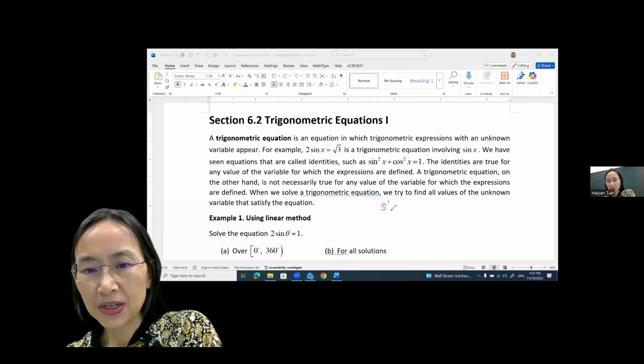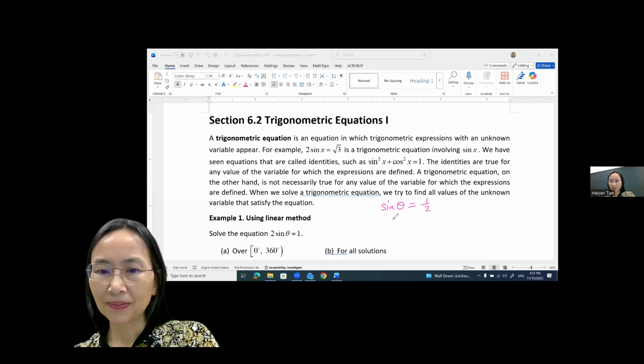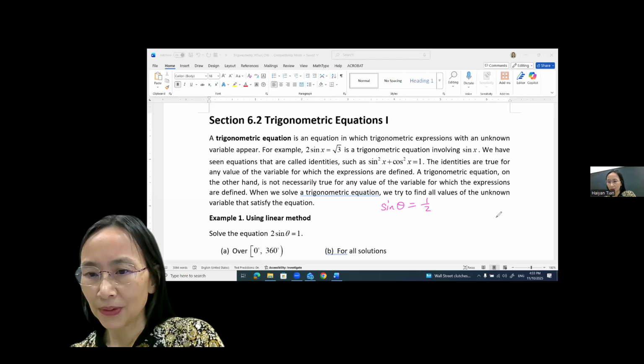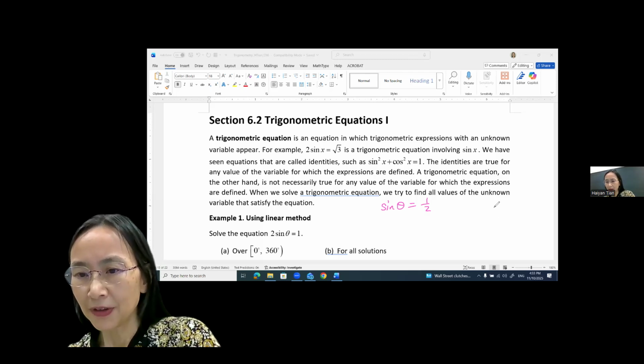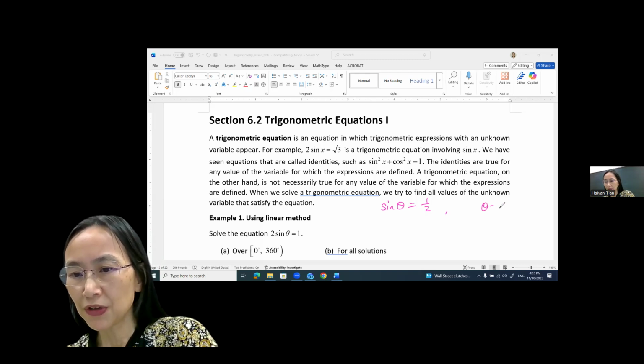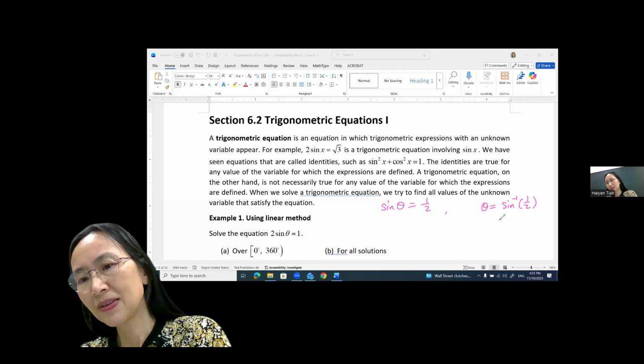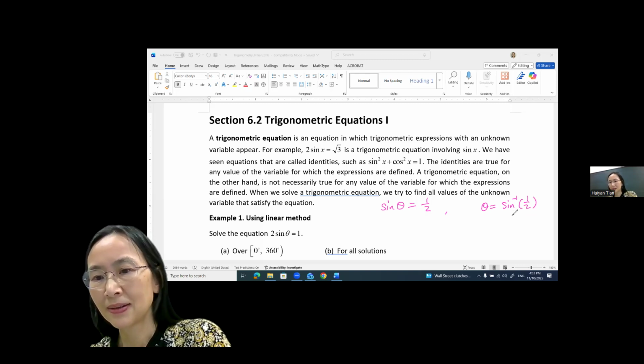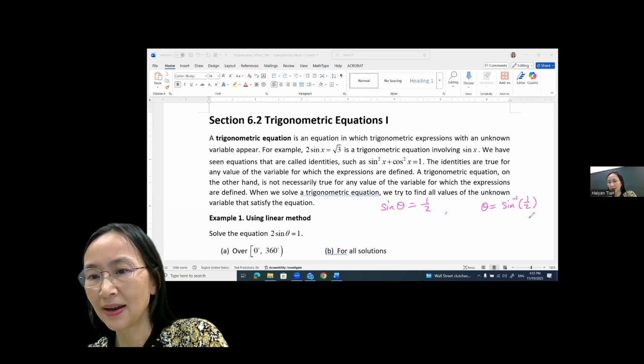First of all, if we divide both sides of the equation by 2, then we know sine theta is half. And to find theta we can use the inverse function. So theta is the inverse sine of half.